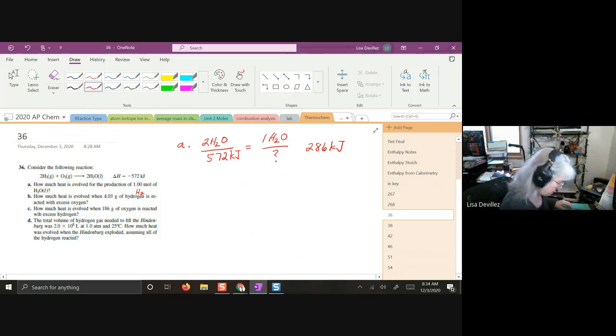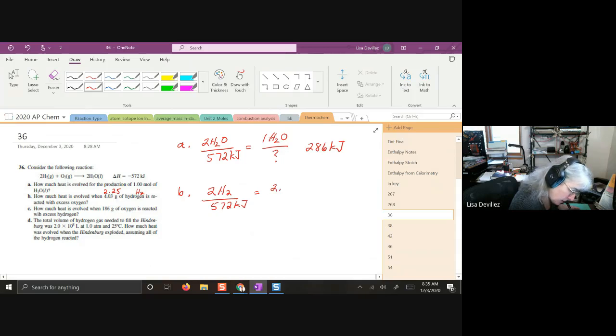All right. And then how much heat is evolved when 4.03 grams of hydrogen, remember hydrogen is H2. So if I do 4.53 divided by 2, I'm getting 2.25 moles. From the equation, 2 hydrogens are 572 kilojoules.